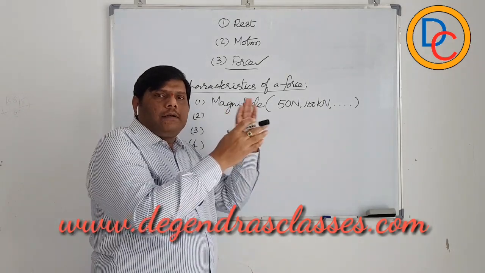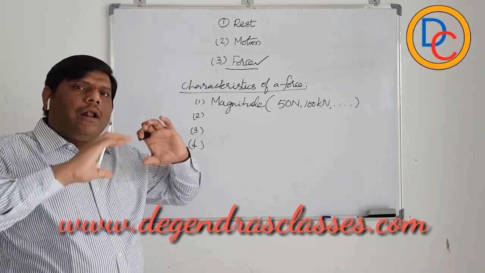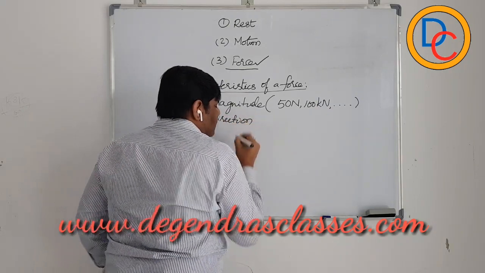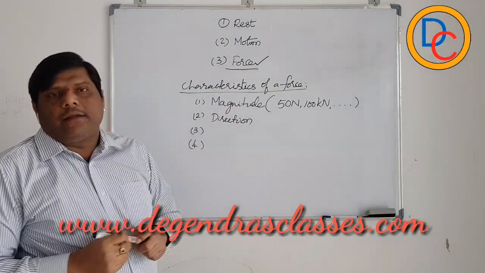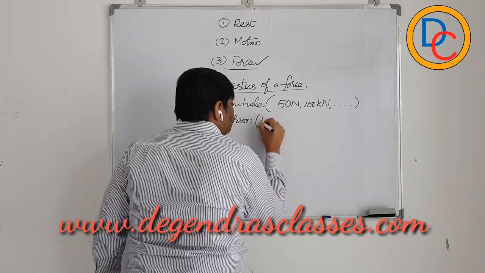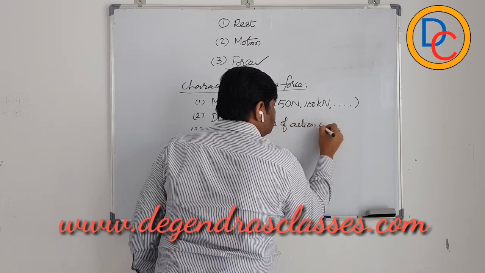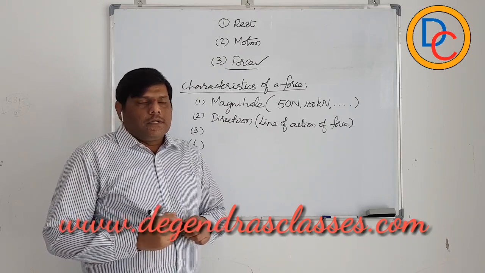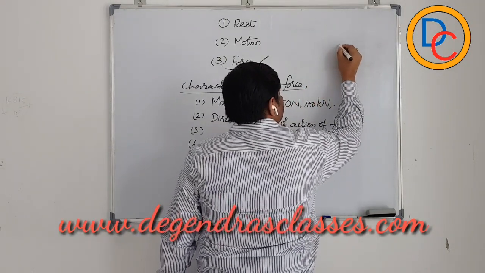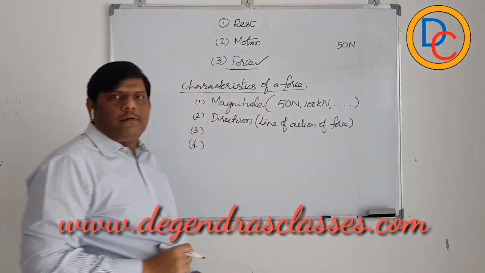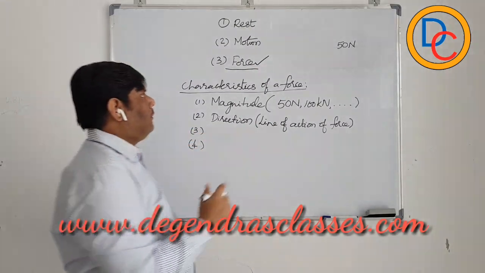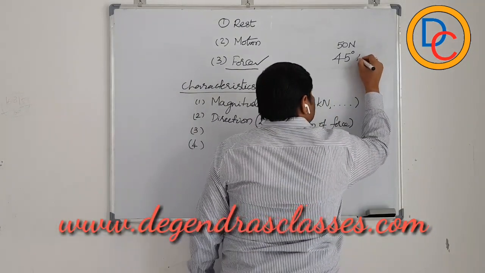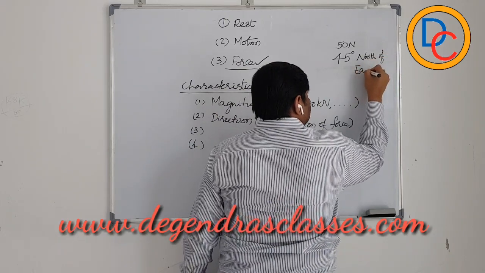Next, it has direction also. The direction along which this force is acting, we can call the line of action of the force. Suppose some 50 Newton force is acting on a body at an angle of 45 degrees north of east.